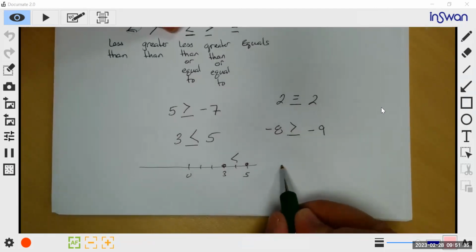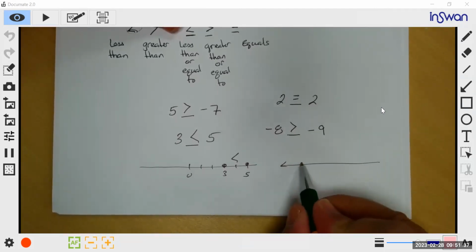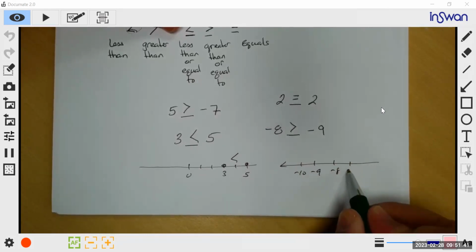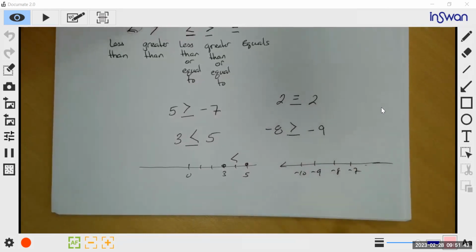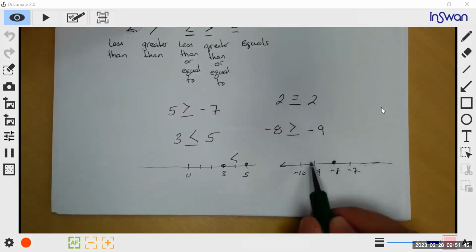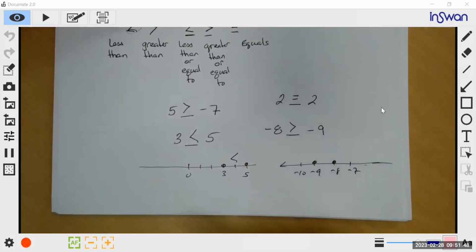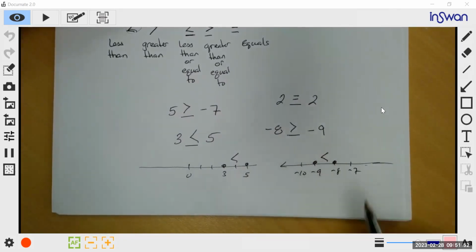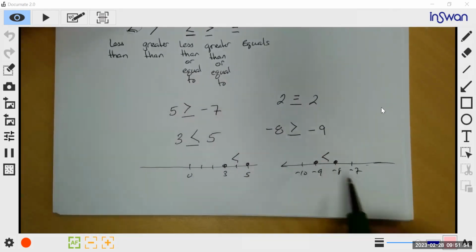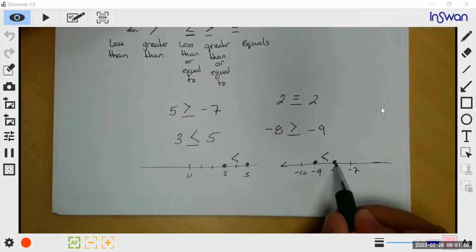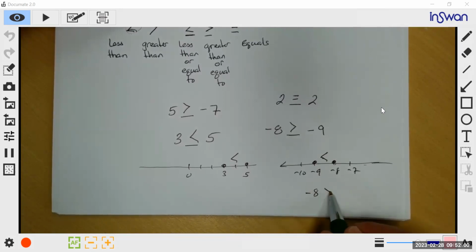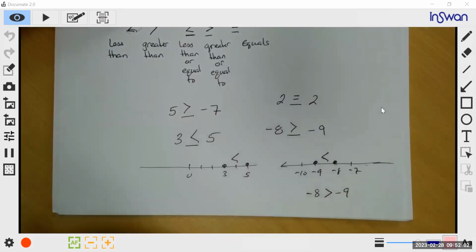Same way, this one. We have -10, -9, -8, -7, and so on and so forth. -8 is here, -9. Remember, anything to the left is smaller than anything to the right. So -9 is less than -8. Read backwards, it's -8 is greater than -9.